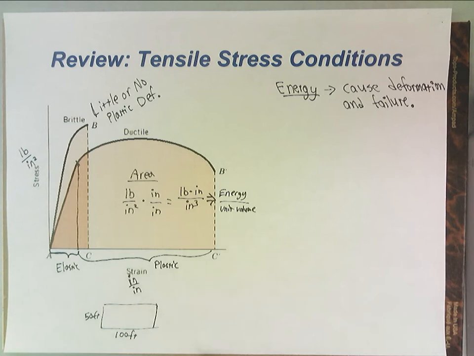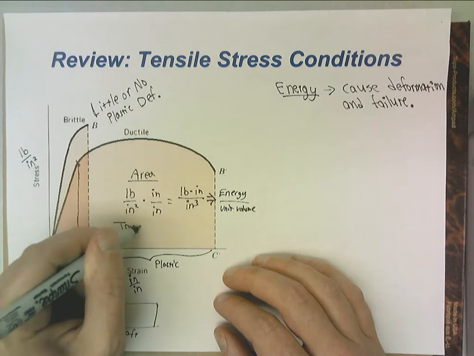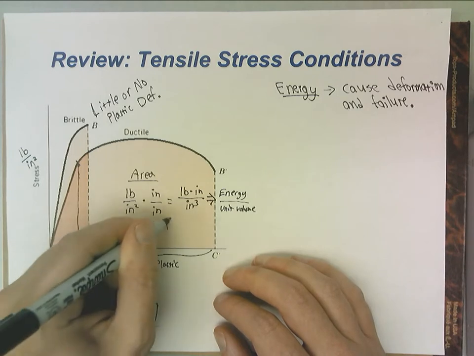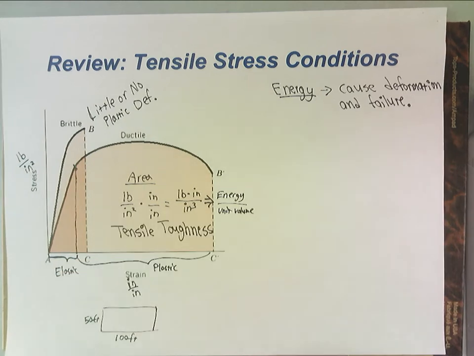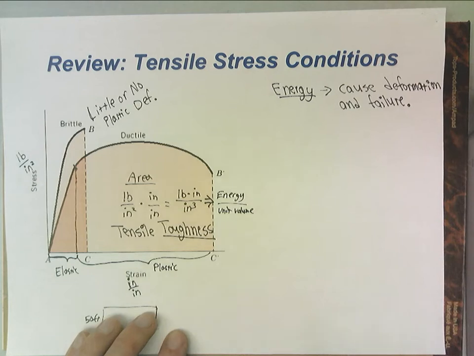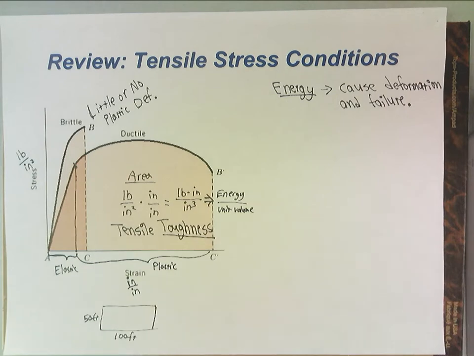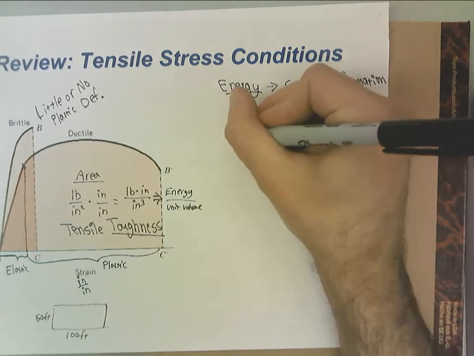So let's see, where does that leave us? Yeah, so back here we defined this as tensile toughness. Toughness is one of our most important material properties, and that is what impact testing is designed to measure.